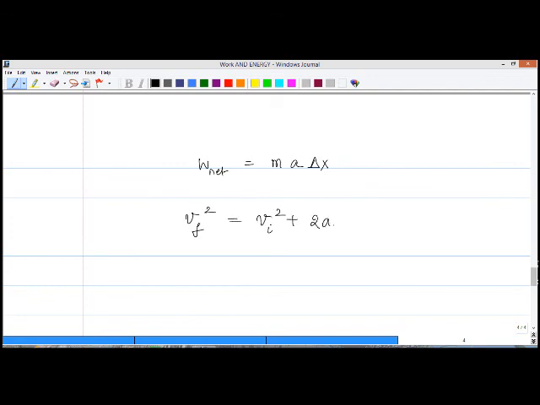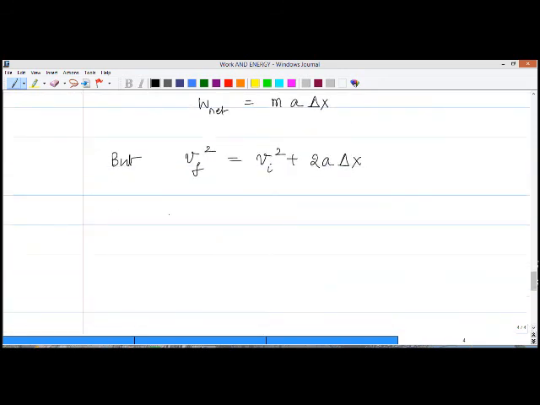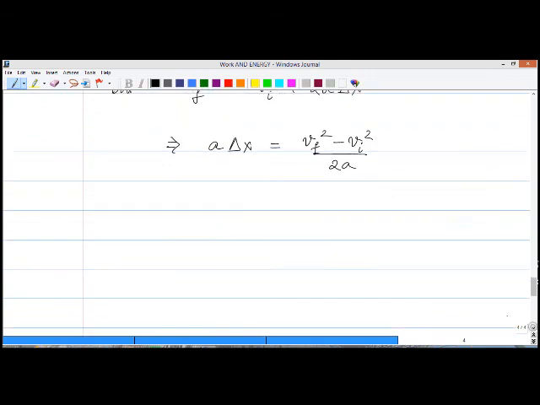Here we can isolate a delta x as Vf squared minus Vi squared over 2. Substituting this into the above equation, the work is equal to m times Vf squared minus Vi squared over 2.